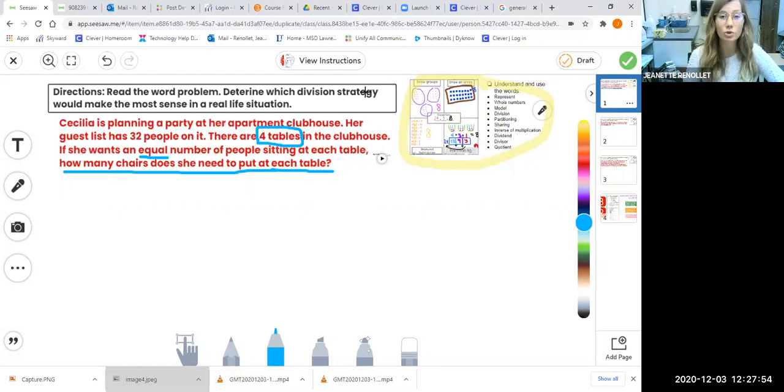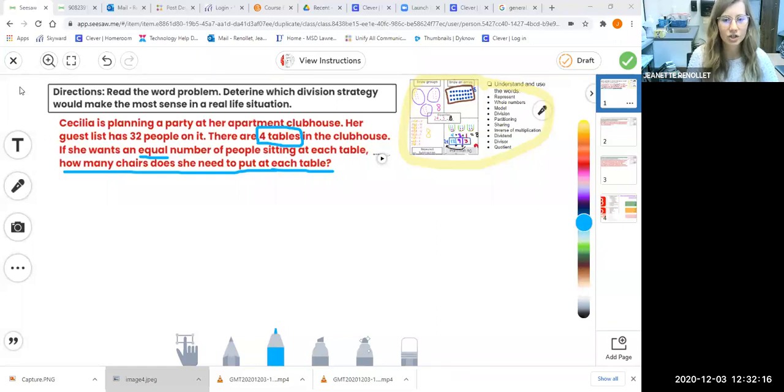We're going to go into our breakout rooms and talk with our partner and determine, is it equal groups? Is it an array? Is it repeated subtraction or partitioning? Which one do you think makes the most sense?